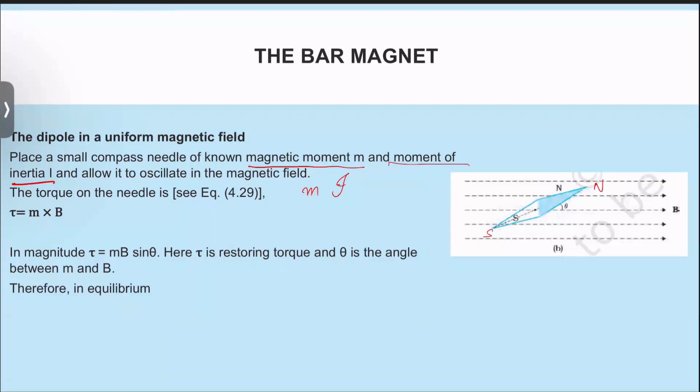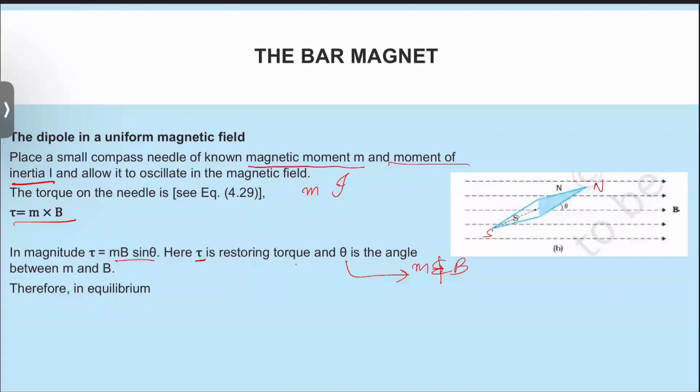So there is going to be a torque on the needle. That torque is given by tau is equal to m cross B. In magnitude, since this is a cross product, tau is equal to mB sine theta, where tau is the restoring torque and theta is the angle between the magnetic moment m and the field B.